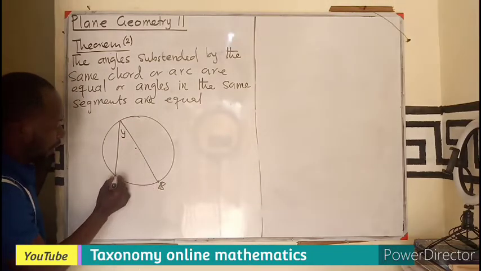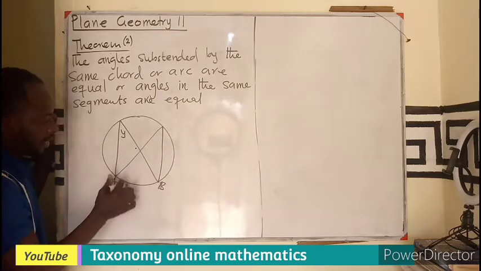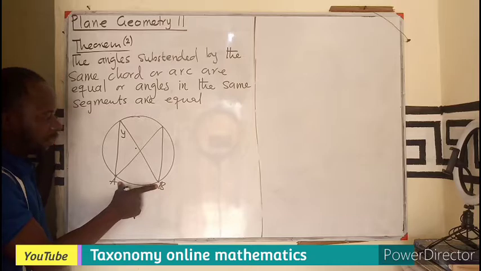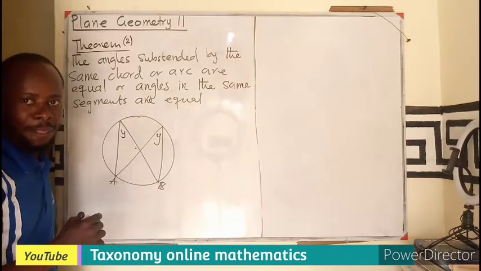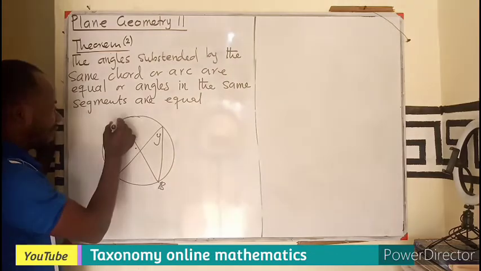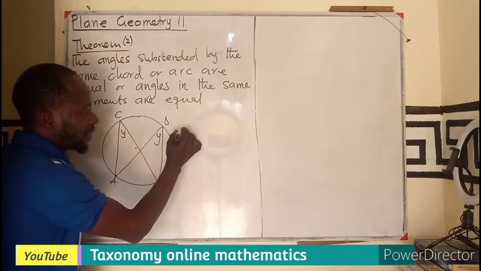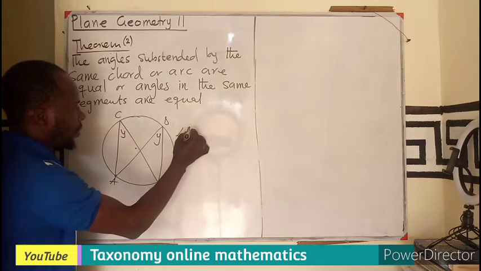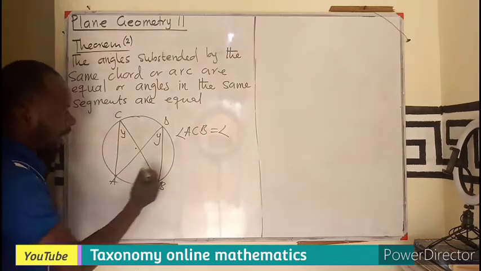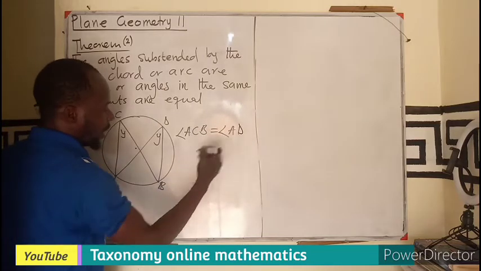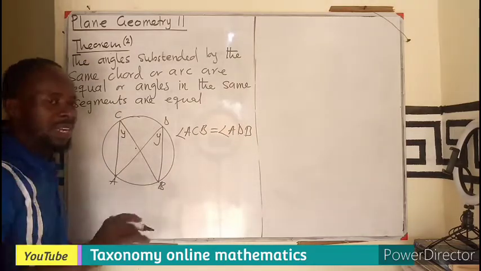The same chord is making an angle here. Since it is the same arc that is producing the two angles, this will also be equal to Y. So in this case, if I have points A, B, C, D, I will say that angle ACB is equal to angle ADB, per the principles of this circle theorem.